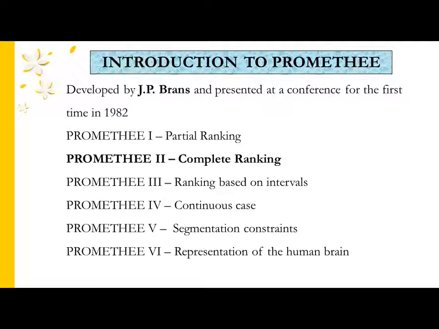We have several extensions from PROMETHEE 1 to PROMETHEE 6, but PROMETHEE 3 to PROMETHEE 6 have the fundamental basics of PROMETHEE 2 with little variations in the assumptions and the methodology. PROMETHEE 2 gives us a complete ranking, and that's why we are going to have a primary focus on PROMETHEE 2.